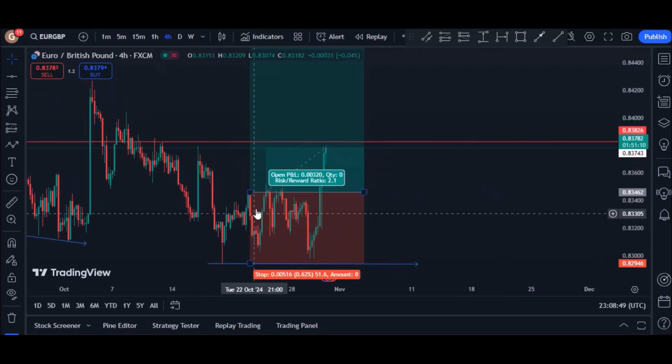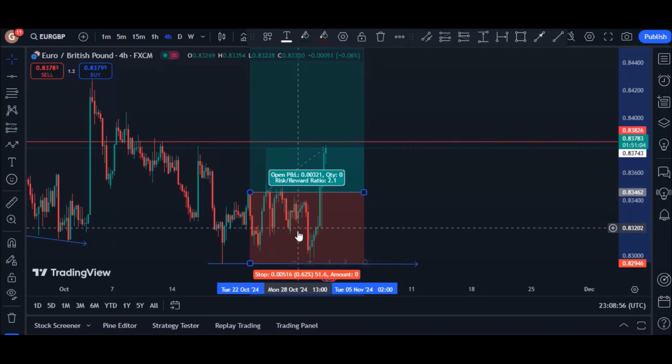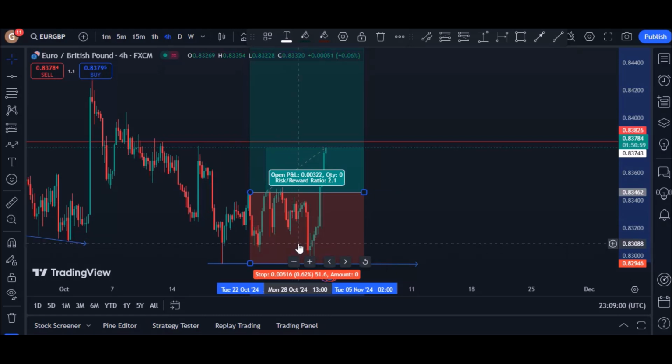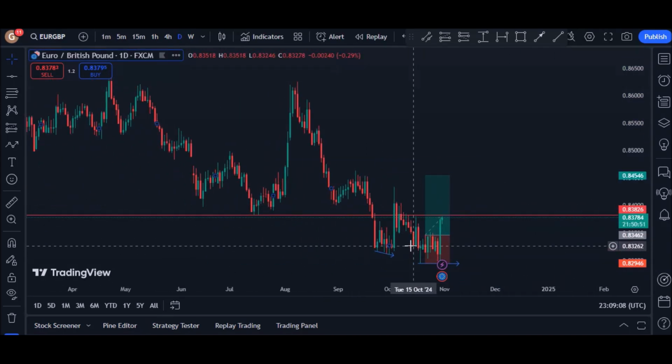So price came, picked my order, and then I was in drawdown, but my stop loss was below here, so I wasn't worried about it. And then we have this bullish move that happened yesterday, and as you can see, look at the daily candle.